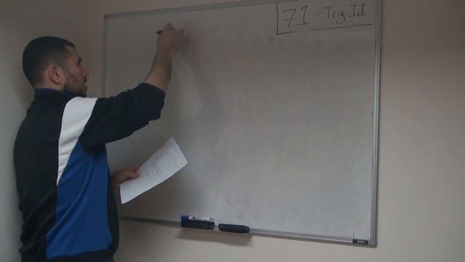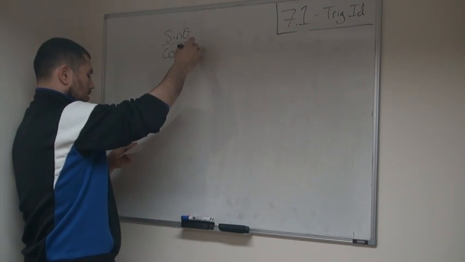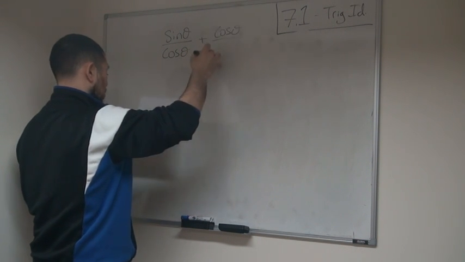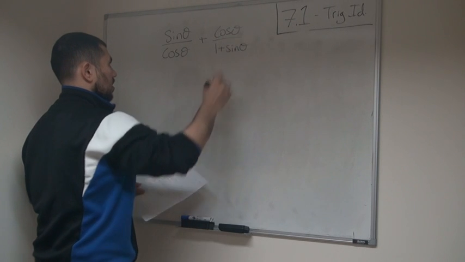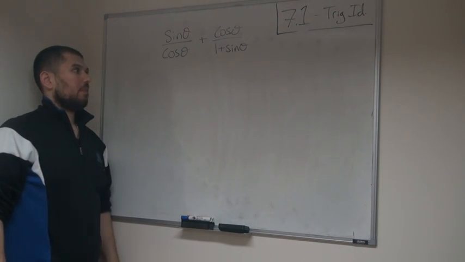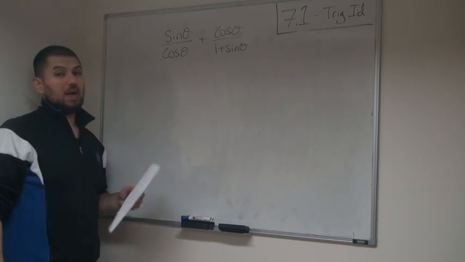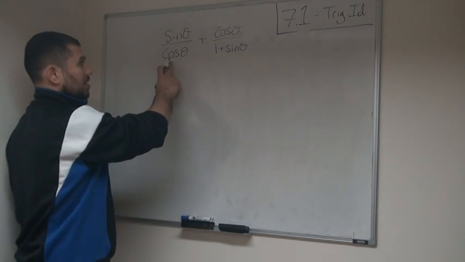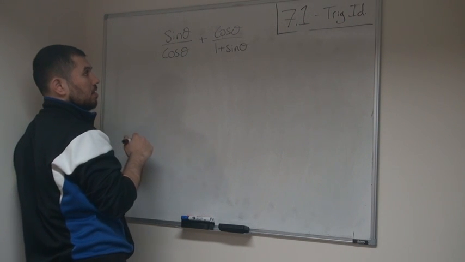Simplify sine of theta over the cosine of theta plus the cosine of theta over 1 plus the sine of theta. So here again we have two fractions. How do we add fractions? We need an LCD. The LCD seems to be the cosine of theta times 1 plus the sine of theta.